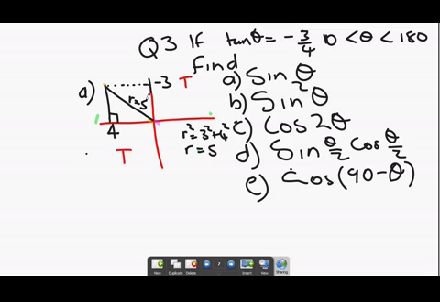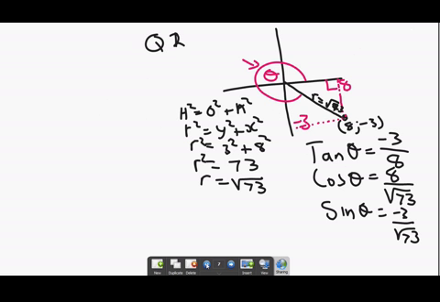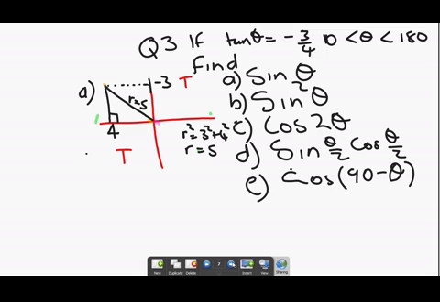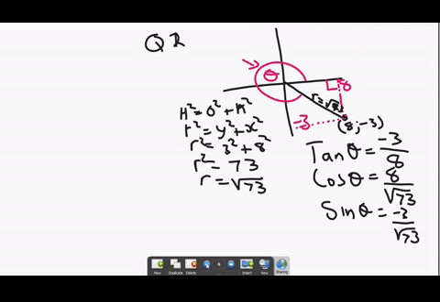Now once you've got that, you need to use that to find the sine. So if I want to find the sine, I'm going to use this same diagram, and they've asked me to find sine. So let me just make a duplicate of that. So there.